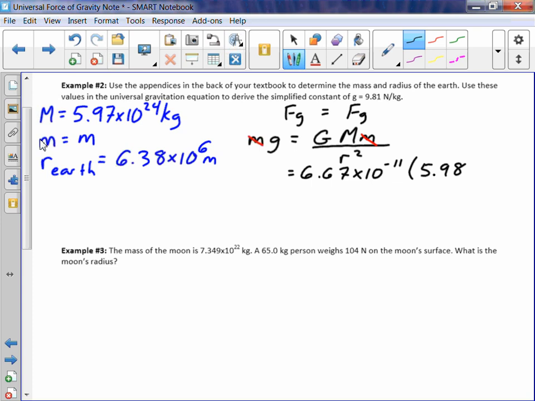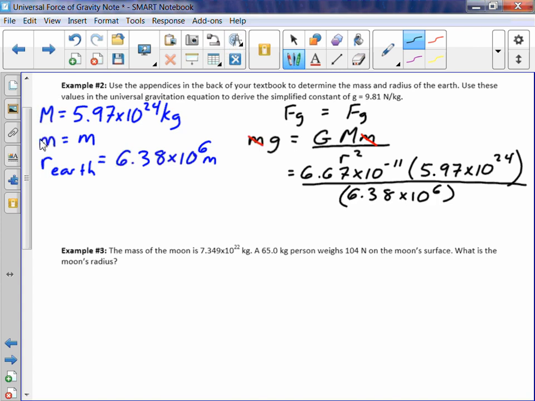Because G equals FG. And again, this is where the calculator work gets tough. You gotta be aware of the brackets.